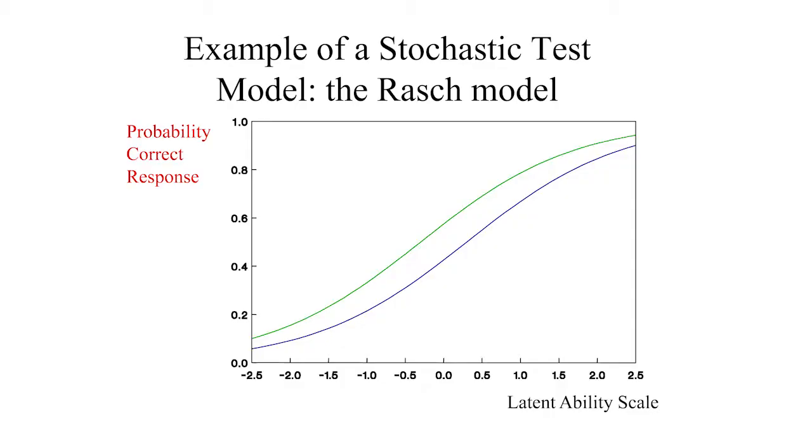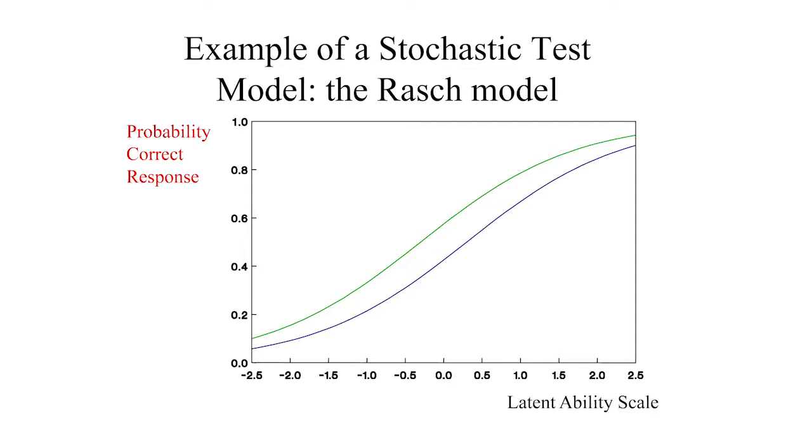Still, the model, because it's a very simple model, does impose restrictions on the data. And one of the restrictions is the following. Here I have a curve for the probability of a correct response on one item. And above it I have the curve for another item. So these are two items.